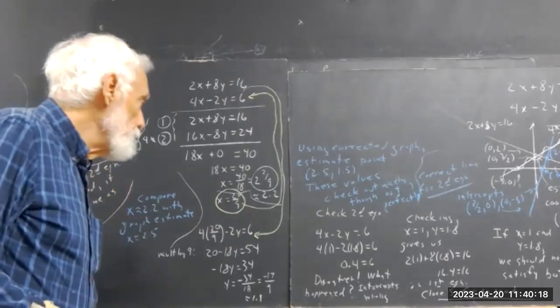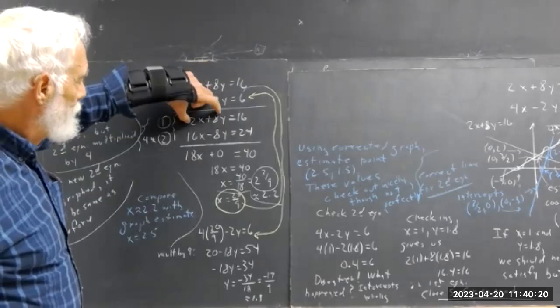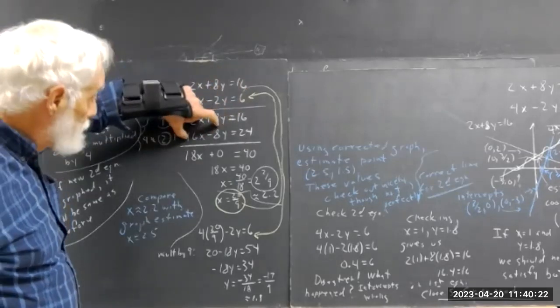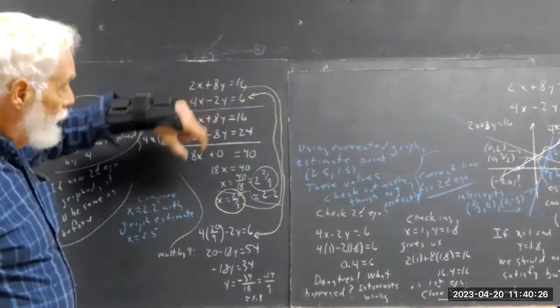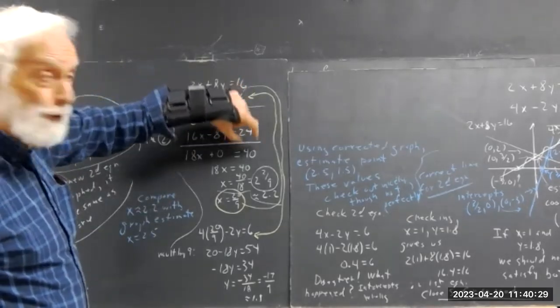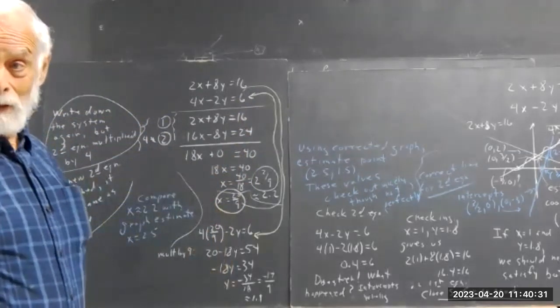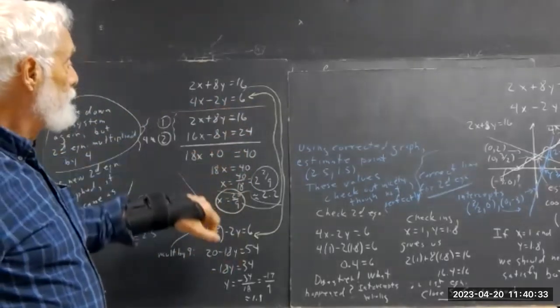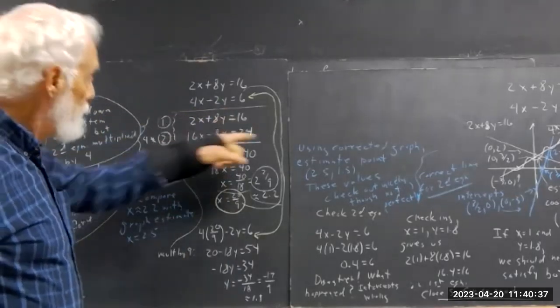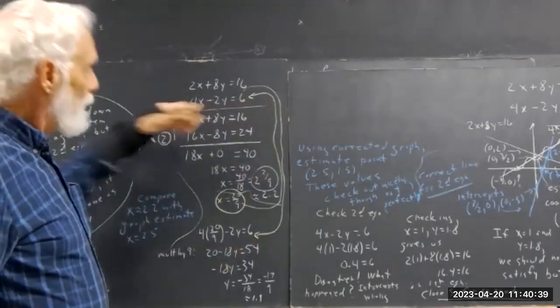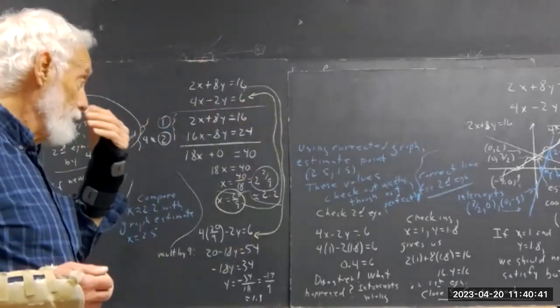Now, the logic is, this equals this, and this equals this. So if I add this to this, it ought to give me the same thing I get if I add this to this. These two things are equal. These two things are equal. I could add either of these to either of these, and then add another pair like that, and I'd still have equality.